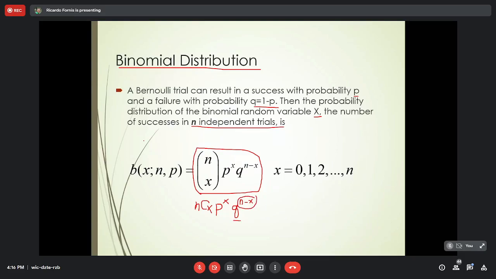I repeat, this is the binomial distribution where x could be 0, 1, 2, up to n.